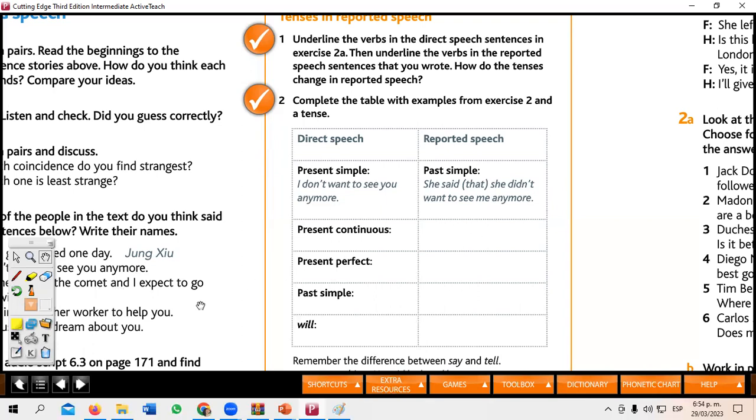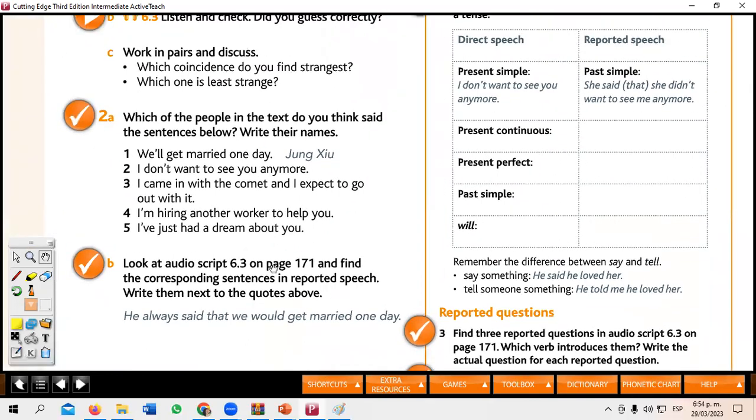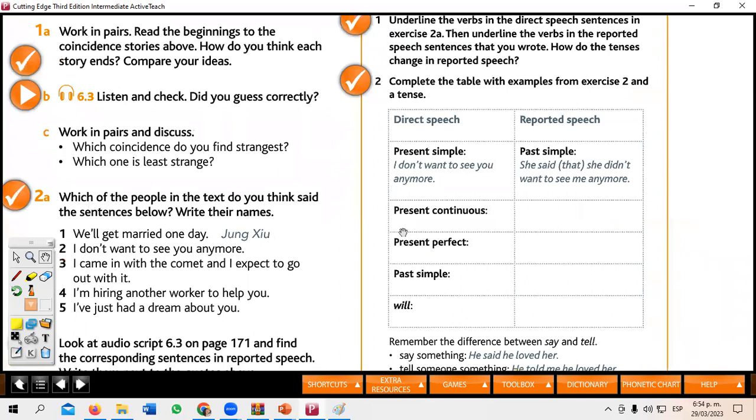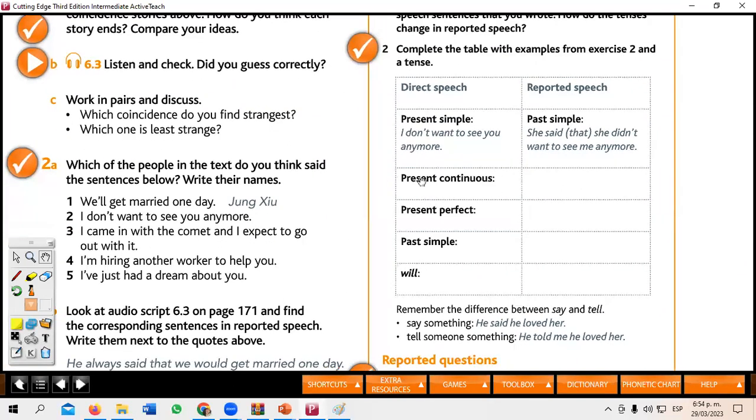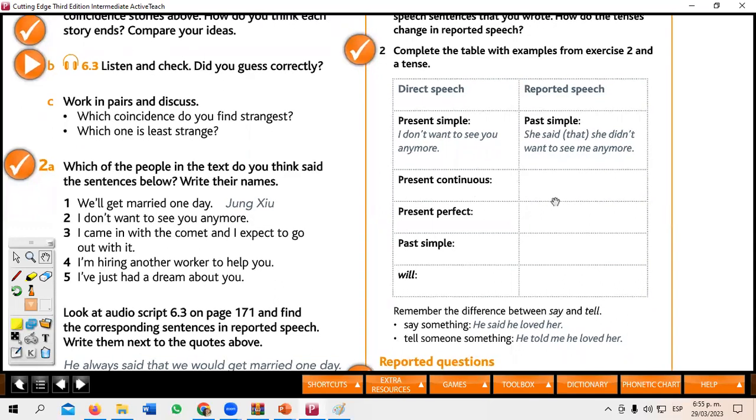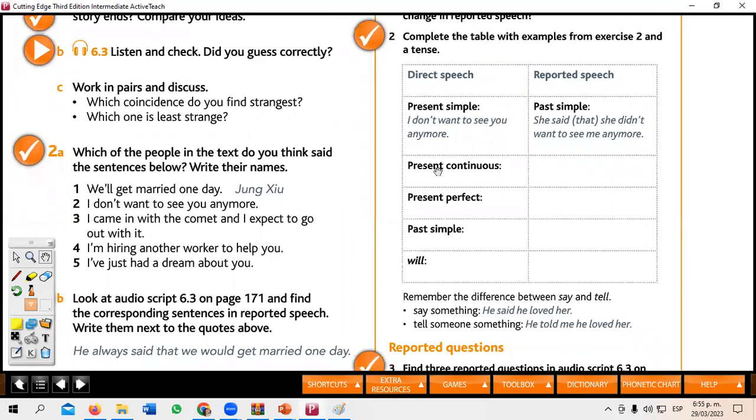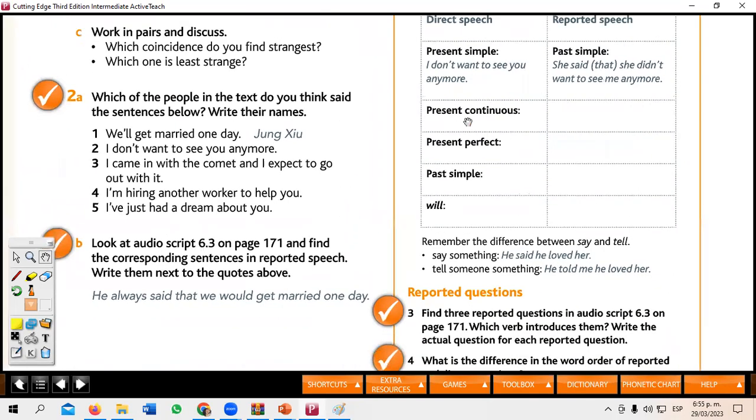So what you are going to do now is complete the chart with examples from exercise 2, what we just did. You are going to select an example for present continuous and complete with the reported version in front of it. For present continuous, we can say number 4, right?